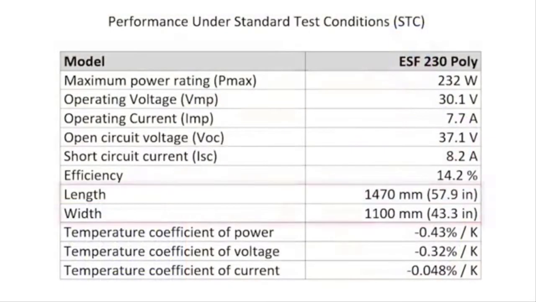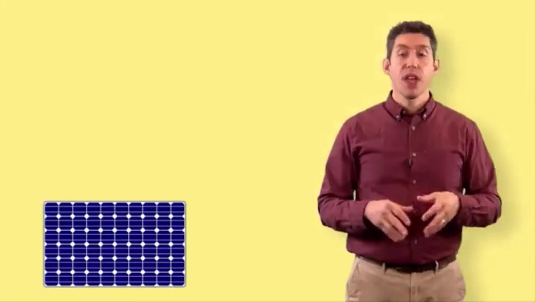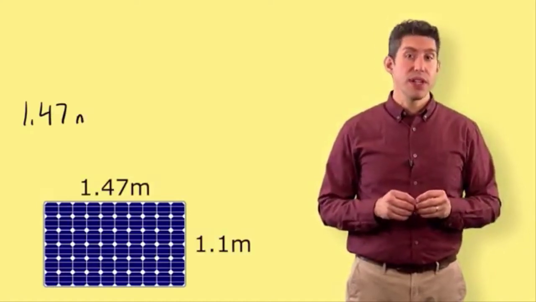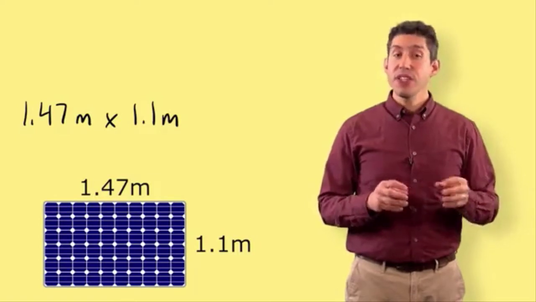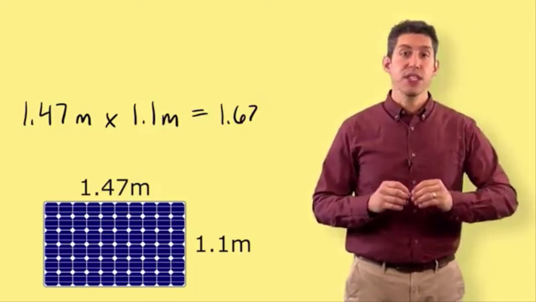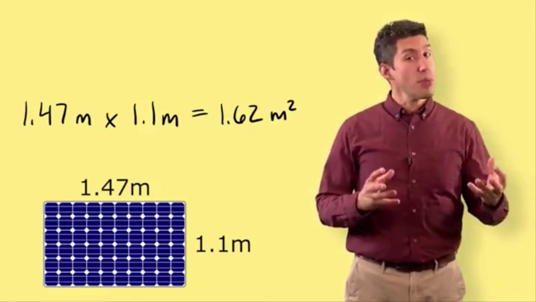The dimensions of the panel are listed on the specification sheet as well in units of length and width, usually inches and millimeters. For this particular panel, the length is 1.47 meters by 1.1 meters wide. Multiplying these two together gives an overall module area of 1.62 square meters. So now we know the area of the solar panel.